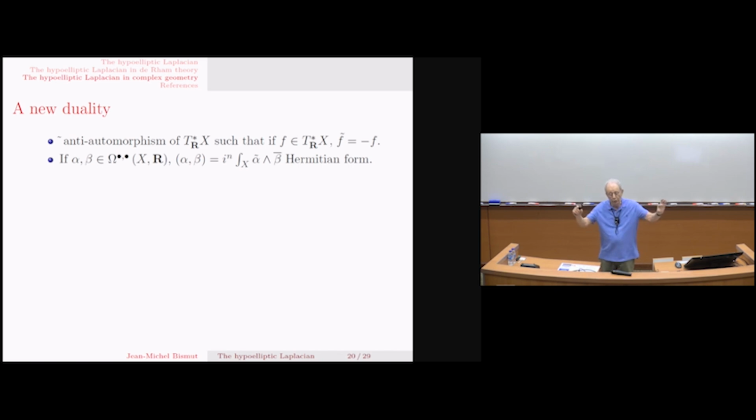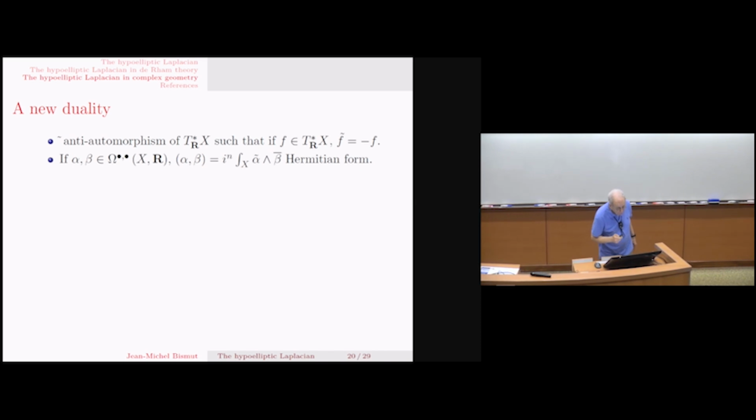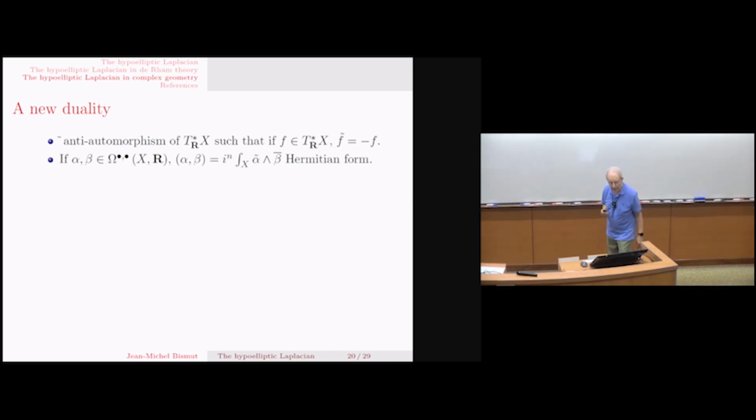In other words, you take a form, you interchange the order, and you replace each component by minus its component. So actually, it's just a way of associating to a p-form another form, with a sign of minus 1 to the (p+1)/2. This doesn't matter.